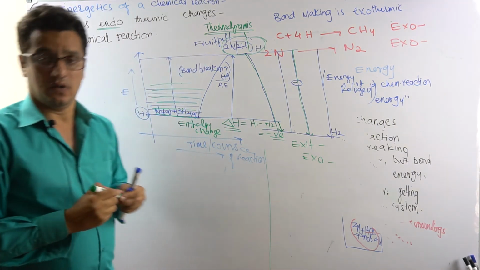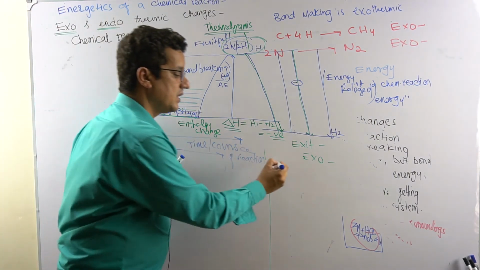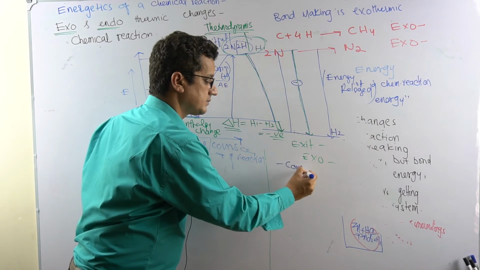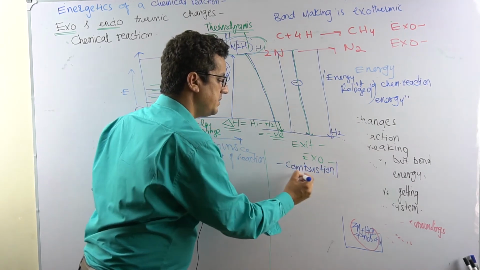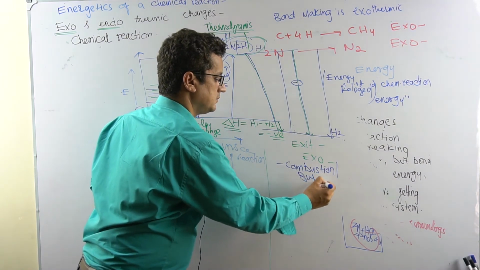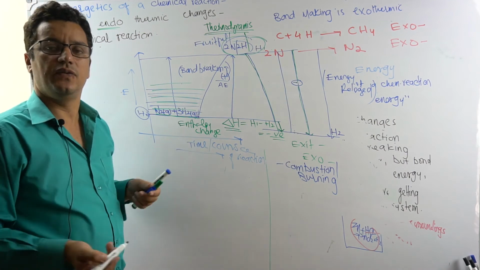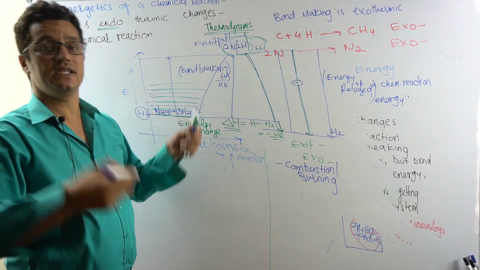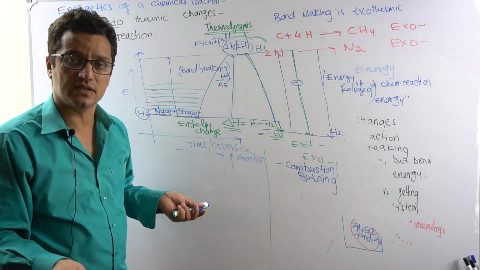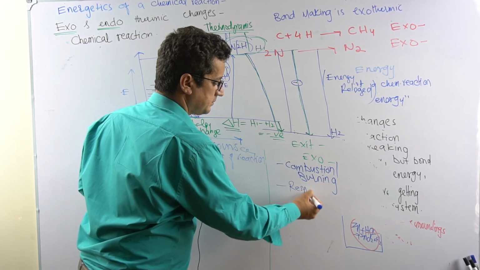Now many reactions are exothermic. They are releasing energy to the surroundings. For example, combustion. The word combustion means burning. That is an exothermic reaction. Like fuel burnt, methane gas burnt, petrol burnt, the energy released is utilized by machines. Or the most important thing, respiration.